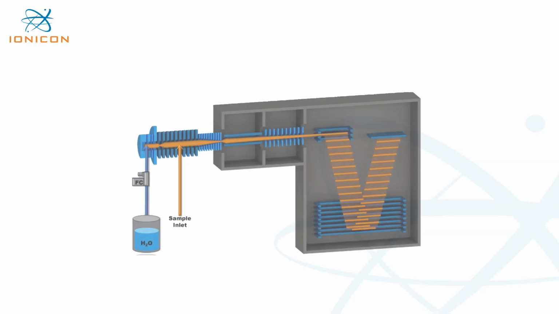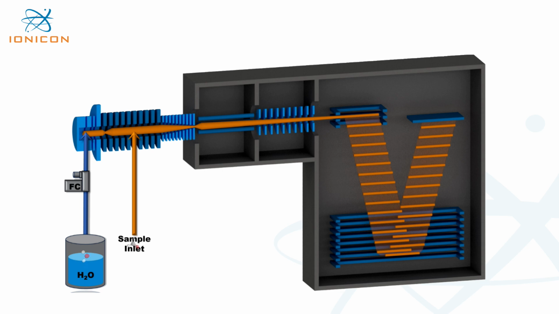To explain the principle to you, let's have a look at our PTR-TOF setup again. As we already discussed, the crucial moment takes place in the reaction region, where the proton is transferred from our H3O+ to the analyte. Now we modify our setup by installing two T-pieces, one in the gas line between the water reservoir and the ion source mass flow controller, and the second one in the sample inlet line close to the reaction region.